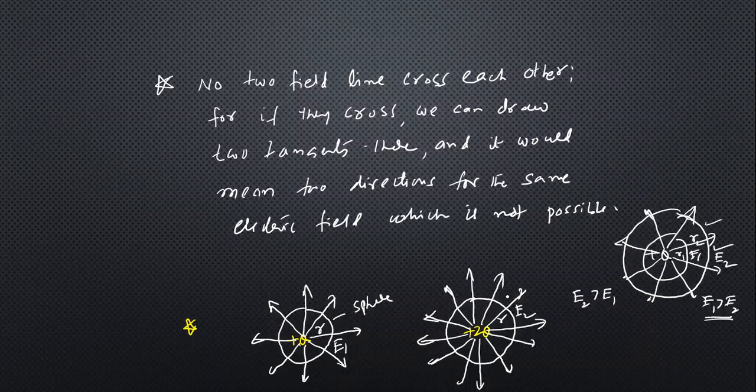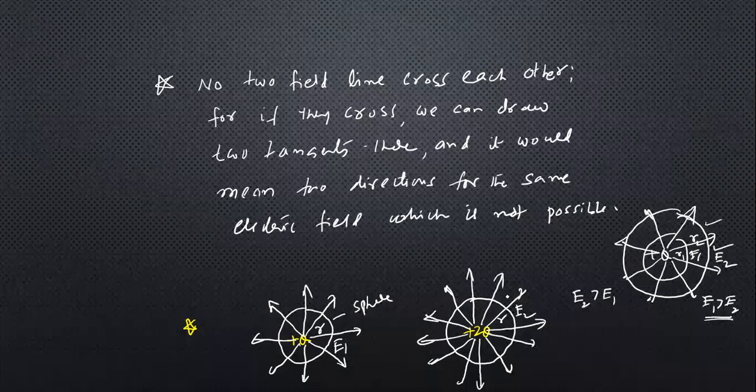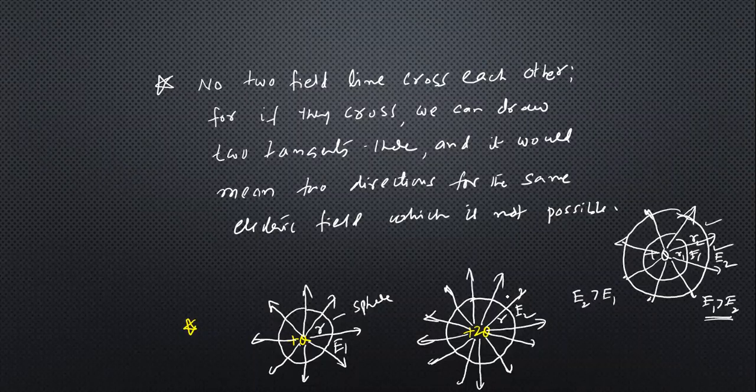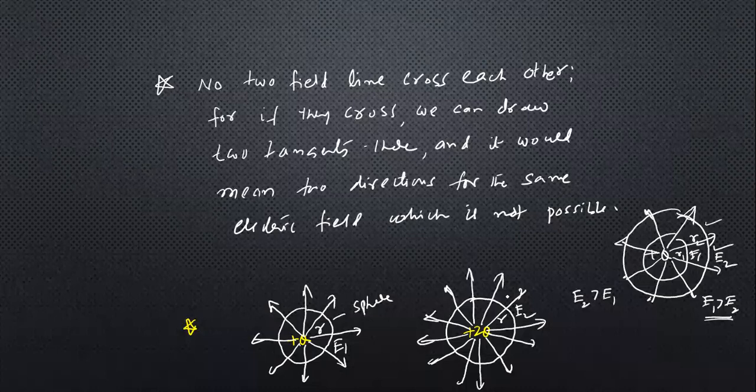But the way you look at it, the field lines is not a very accurate way of describing the field. Like we talked yesterday, the electric field strength is proportional to the field lines, rather, field lines by area.